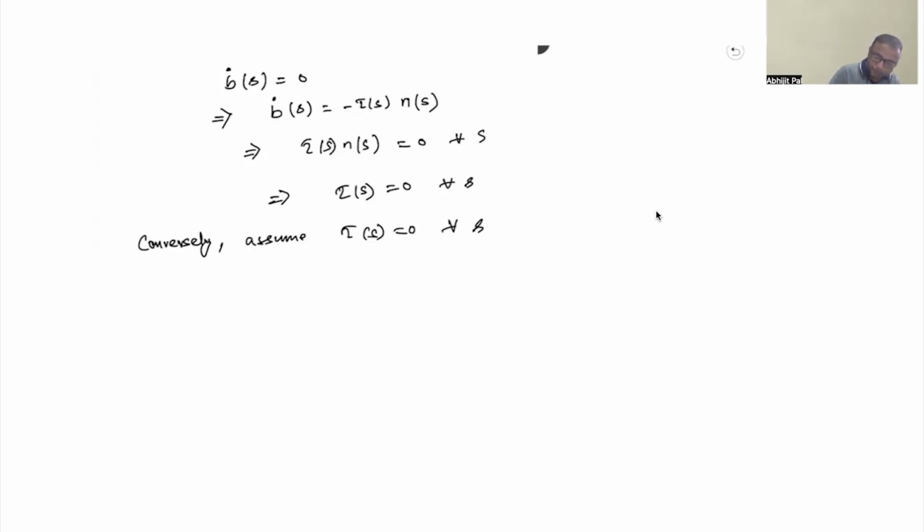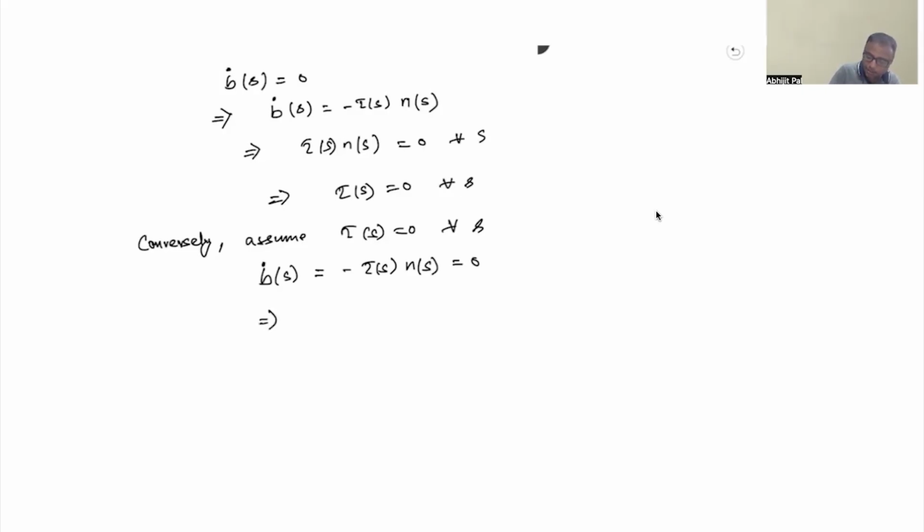Now we want to find a plane where this curve will belong. Because tau(s) is equal to 0, again this B dot(s), which is equal to minus tau(s) times the unit normal vector, will be equal to 0.